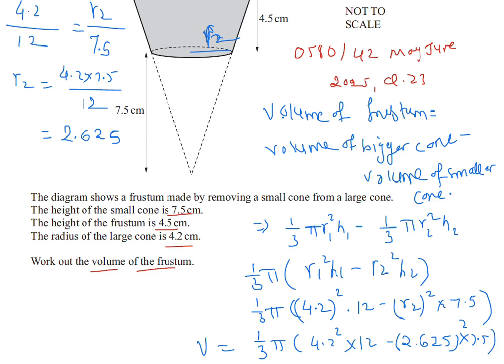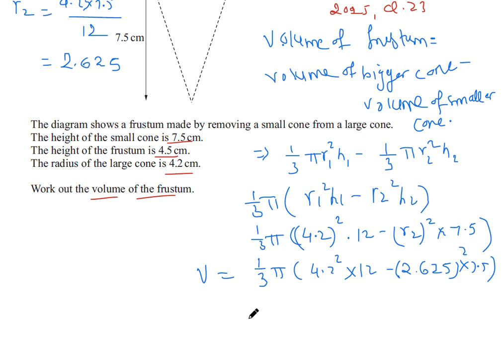When we calculate this, from the calculator I'm getting 167.5519. We need not write this much. We will round it off as 167.6. Volume is in centimeter cube. So this is the required volume of the frustum.